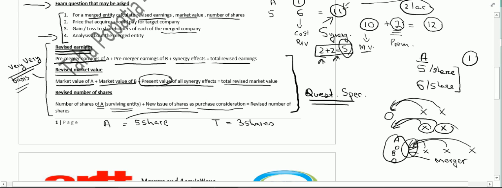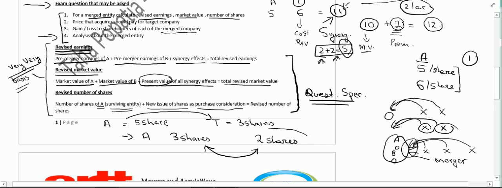A offered to acquire T, and A said to T, hey, I will acquire 3 shares from you, and in return I will issue 2 shares of my own company. This is called a share for share exchange transaction.